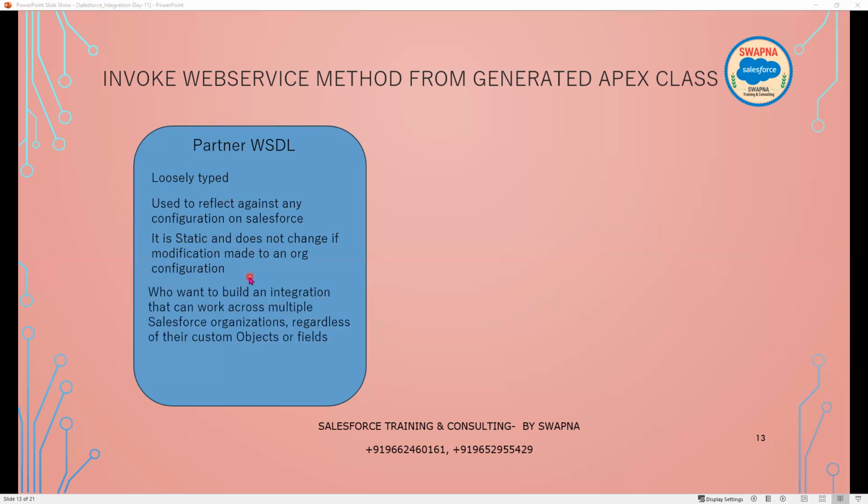Basically, this partner WSDL is for those who want to build an integration that can work across multiple Salesforce organizations, regardless of their custom objects or fields. If you want to work with multiple organizations, irrespective of object name and field name, you can use the partner WSDL.